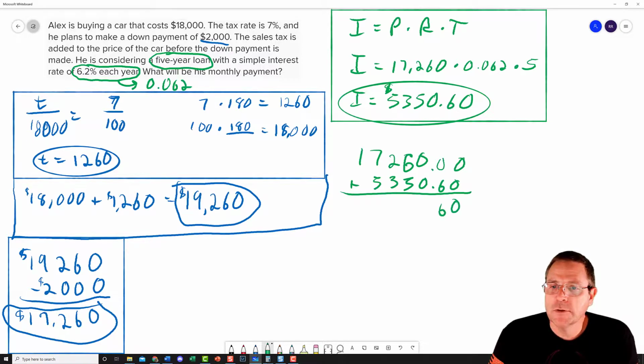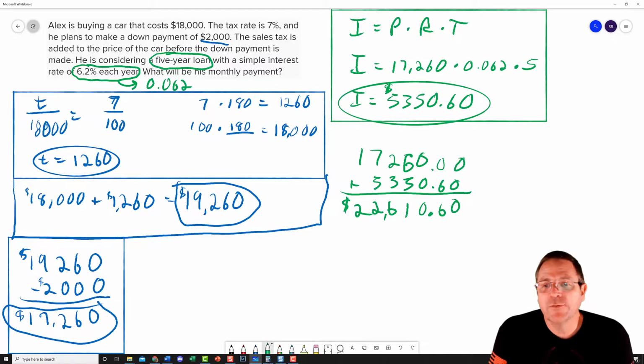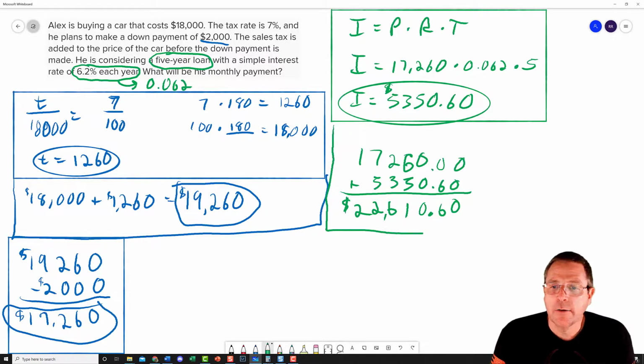Add that up. So the actual amount financed is going to be $22,610.60. That's how much money he's going to have to end up paying back to the bank. And that doesn't even count the $2,000 he put in for his down payment.